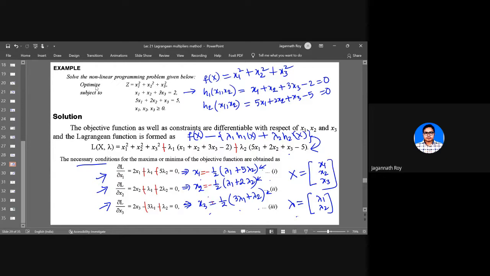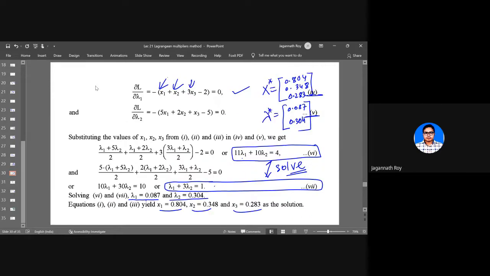This is also negative. This will be negative. So if you substitute here, this is negative, this is also negative. Then negative and negative, so the right hand side is negative. You can multiply with negative 1 again, so it becomes positive. So I don't think it will make any serious changes. Lambda 1 values and lambda 2 values will be the same, I think.